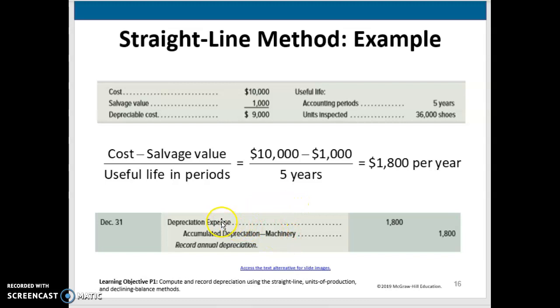So you might see debit depreciation expense for machinery and credit accumulated depreciation for machinery. Sometimes you may see that. Sometimes it might just be a general depreciation expense and accumulated depreciation. But the entry for every one of those 5 years under the straight line method, because it's the same every year, is going to be the same entry. Debit for $1,800, credit for $1,800. That's not going to change.